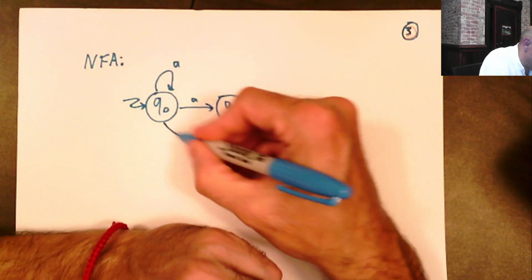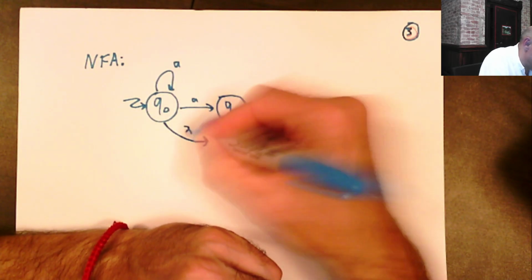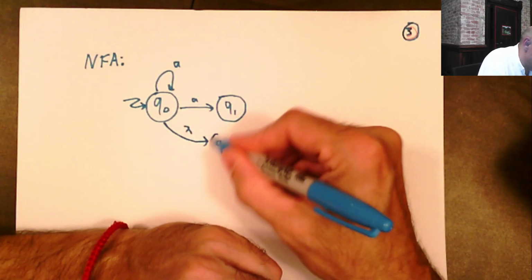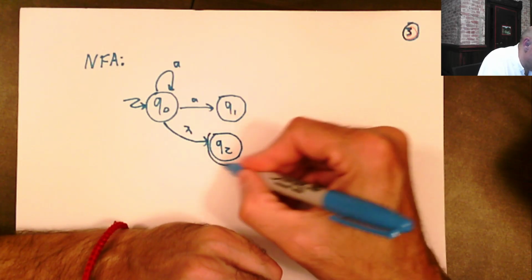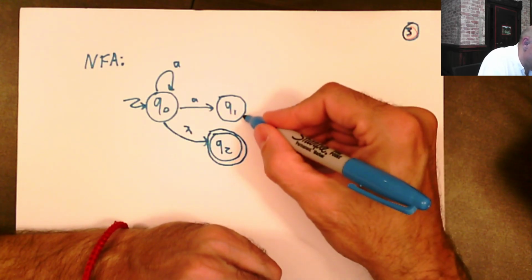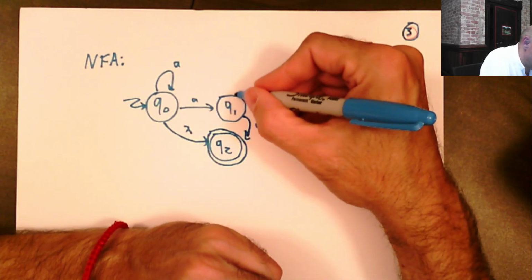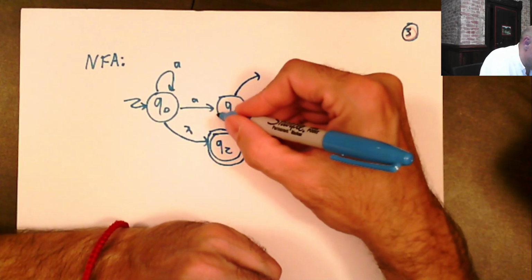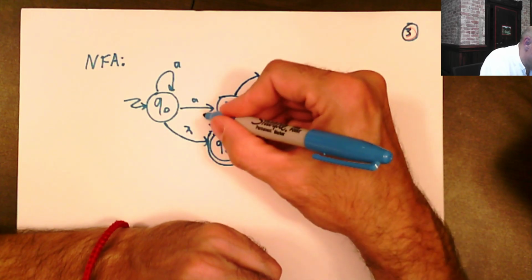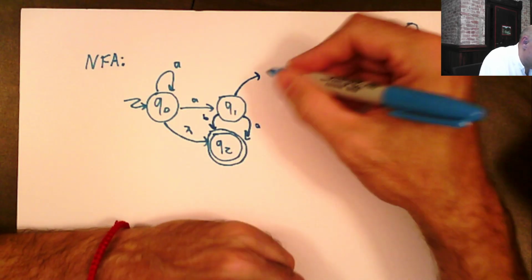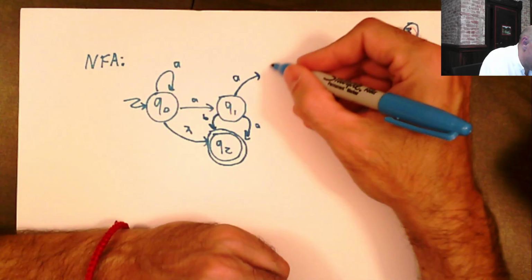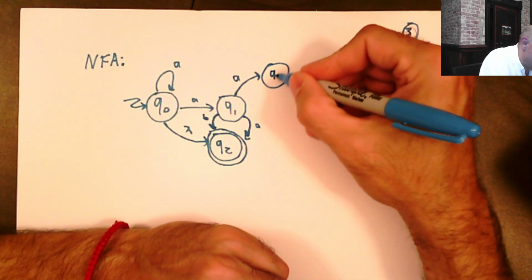And I'm also going to put a lambda down here, lambda down to Q2. I'm going to make Q2 final. And I'm going to make this on an A go down there. I'm going to make this also go down there on a B. And then I'm going to put an A up here to Q3.